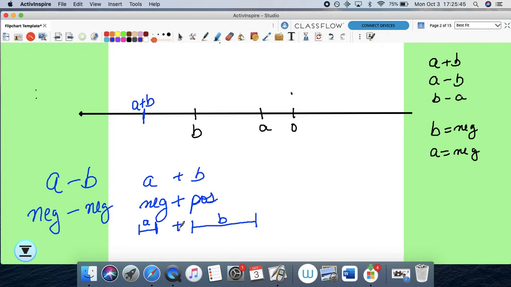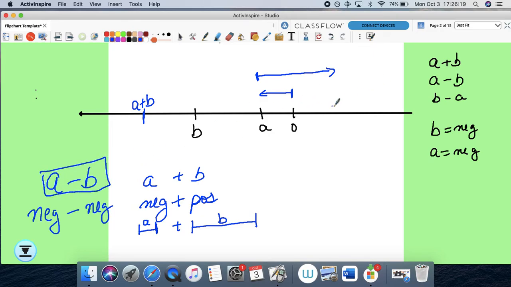So if I'm adding a negative plus a positive, from 0 I walk to the negative, the distance that a is to the left, and then I add the absolute value of b, but because it's a positive number, I'm increasing in value. I'm going to cover whatever a is, and I go that way. So a minus b ends up being around here.